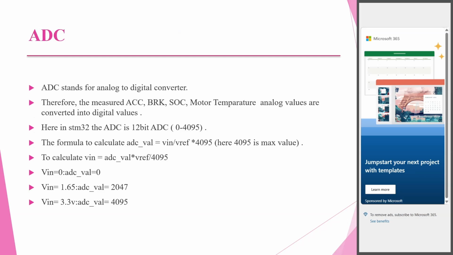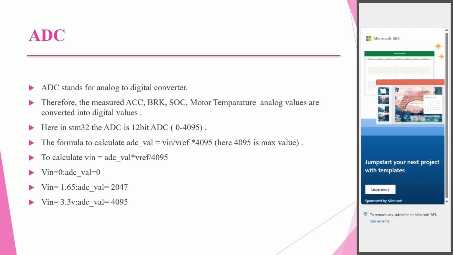Here the analog to digital converter converts the measured acceleration, brake, SOC, and motor temperature analog values into digital values. In STM32 the ADC is 12-bit, 0 to 4095. The formula we used is Vin = ADC value × Vreference / 4095, where 4095 is the maximum value.